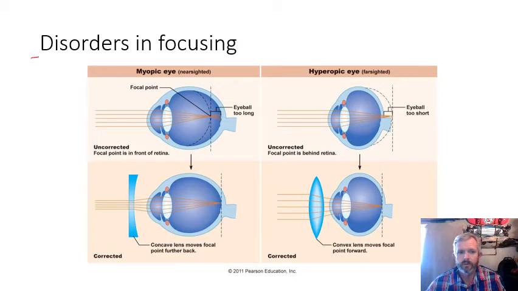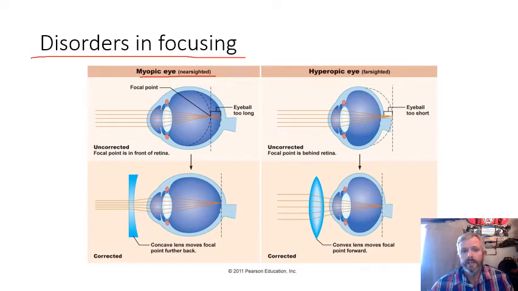Disorders in focusing. Those that are nearsighted, can't see far, are said to have a myopic eye. Normally it is a long eyeball. The eyeball is too long, and you can see where the focal point happens in somebody with myopia. The focal point ends up short.